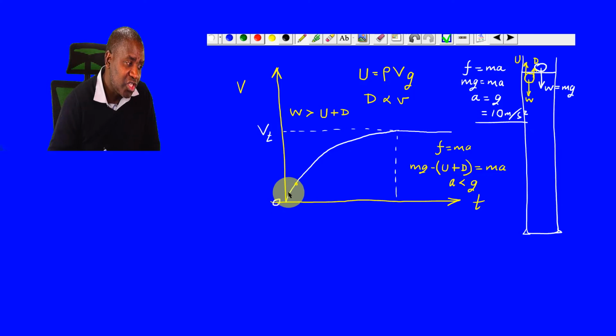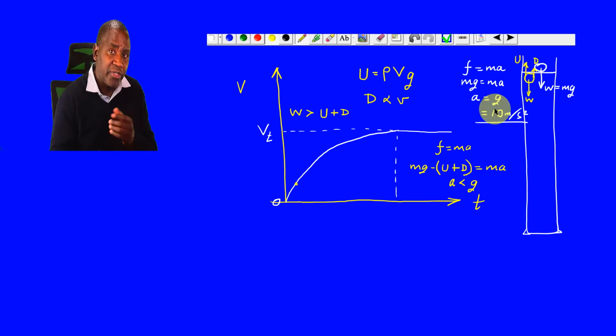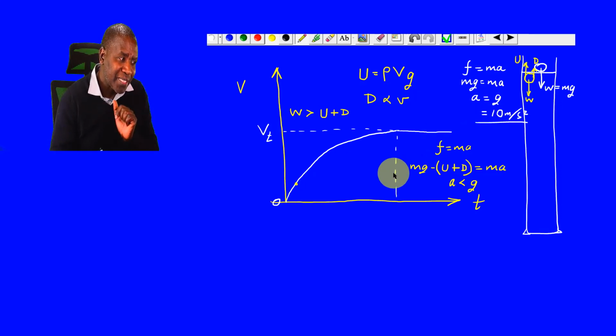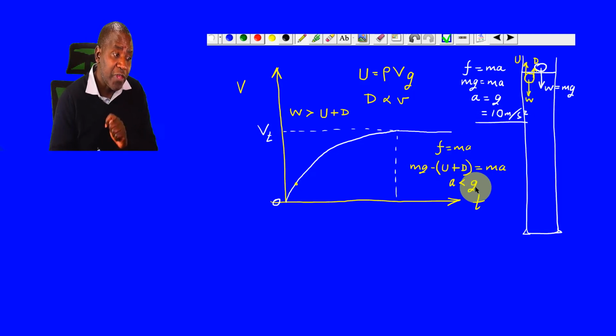The gradient initially was very high because the graph is very steep, signifying that the acceleration was very high, and it was equal to 10 meters per second squared, which is equal to the acceleration due to gravity. It's almost like free fall. But a short moment after that, the moment these two forces come into play, the acceleration of the object drops. It becomes less than g.